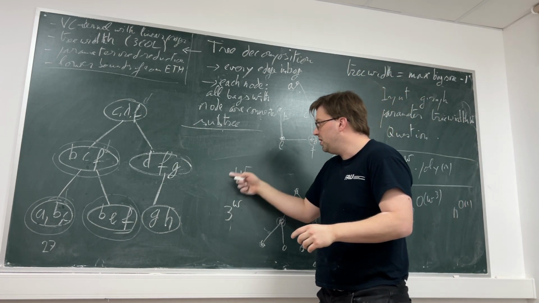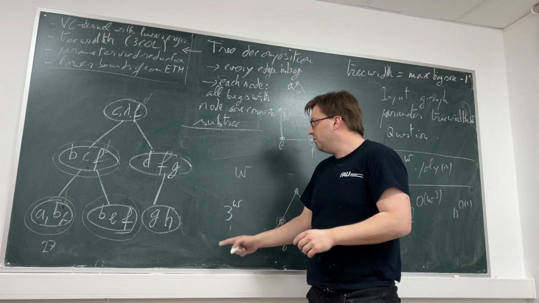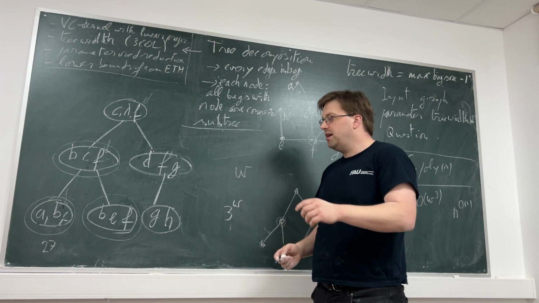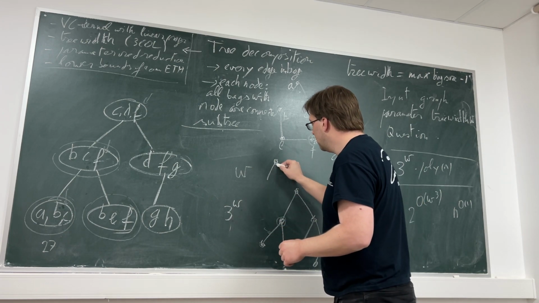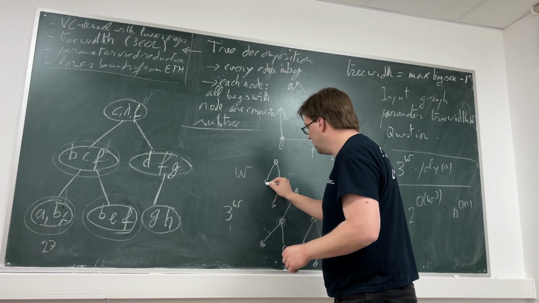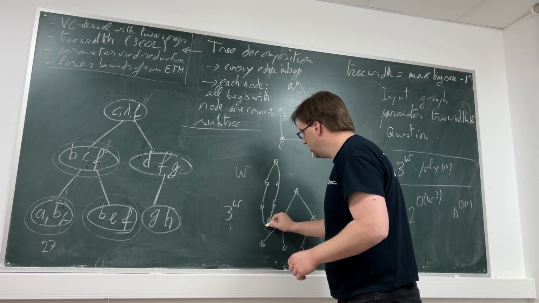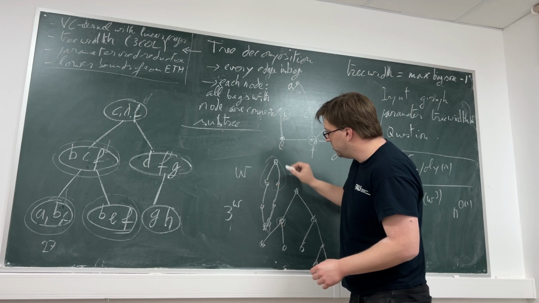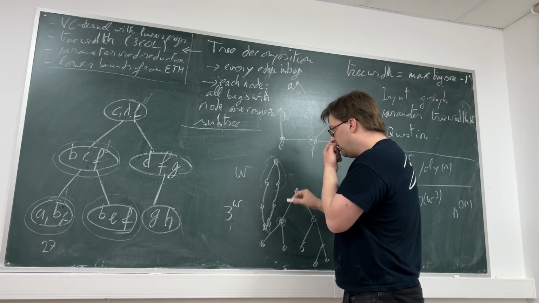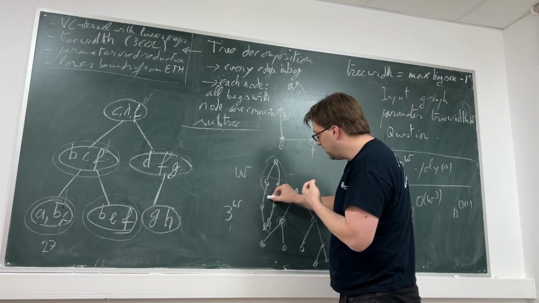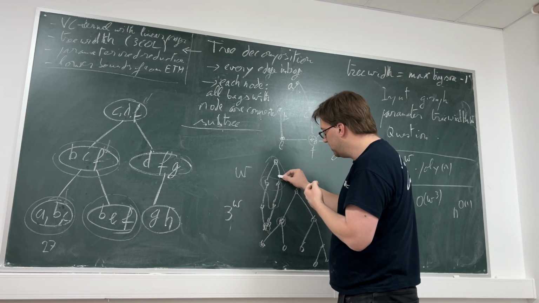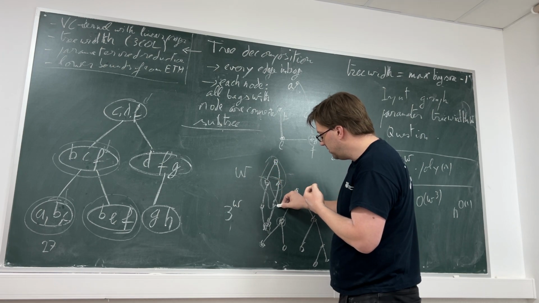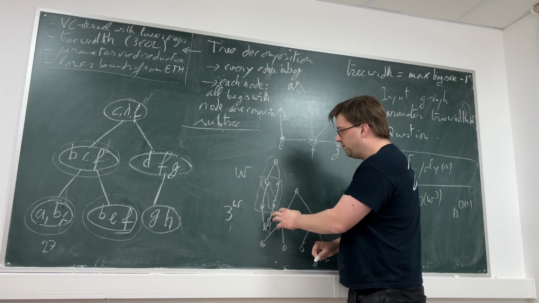So the tree will be a path, but we can use 3 nodes each time. So we will take these 3 nodes, and then we will have these 3 nodes, and I assume then we will take these 3 nodes.